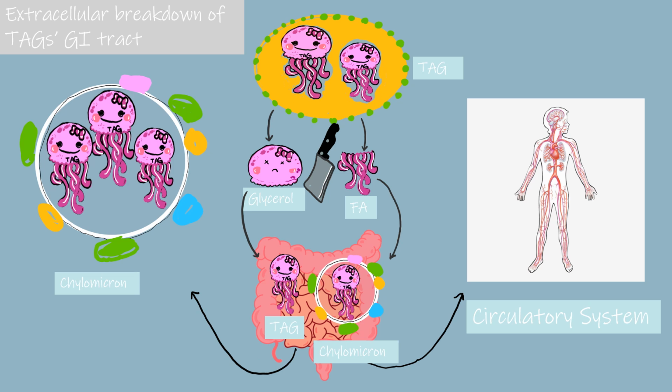The second step is lipase cleavage, where unfortunately our jellyfish is chopped at the head and the tail, or the little arms. The top head is our glycerol, and the little tentacles are our fatty acids.